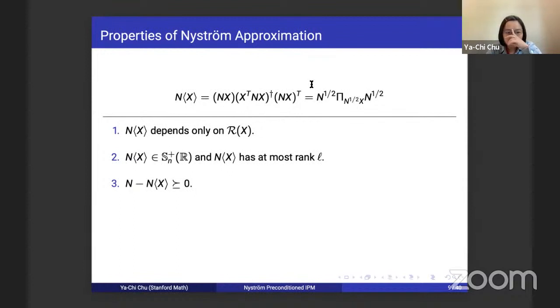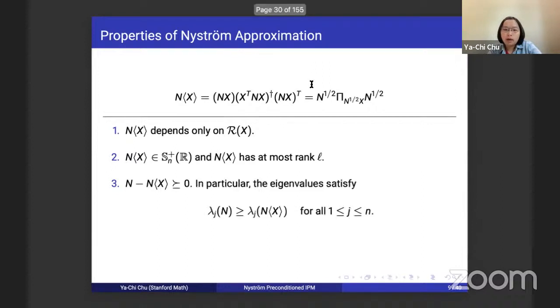So it tells you that the Nystrom approximation approximates the matrix N from below. In particular, every eigenvalue of the approximation is less than or equal to the original eigenvalue. So these are some basic properties of the approximation.